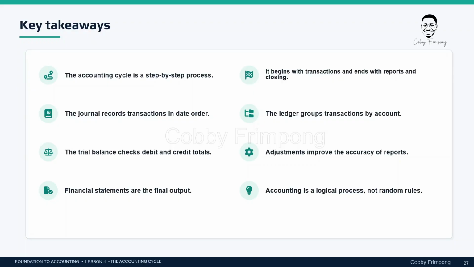The trial balance checks whether total debits equal total credits. Adjustments help ensure income and expenses are recorded in the correct period. Financial statements are the final output of the accounting cycle. Most importantly, the accounting cycle shows that accounting is not random. It is a logical process.